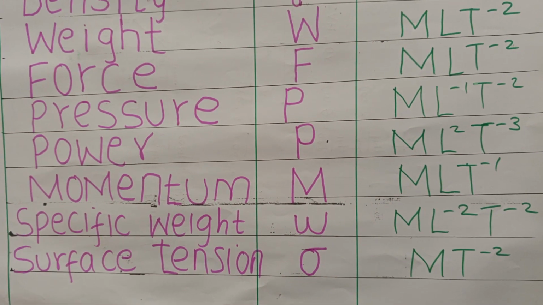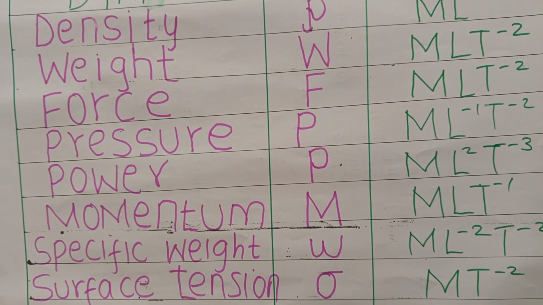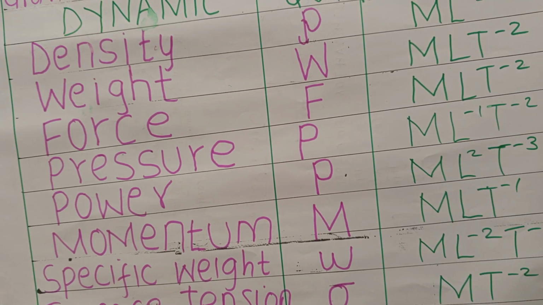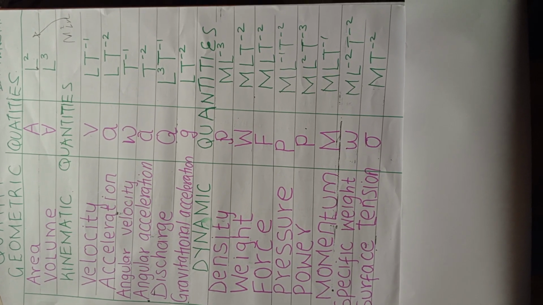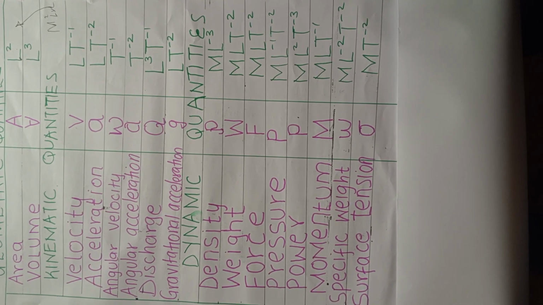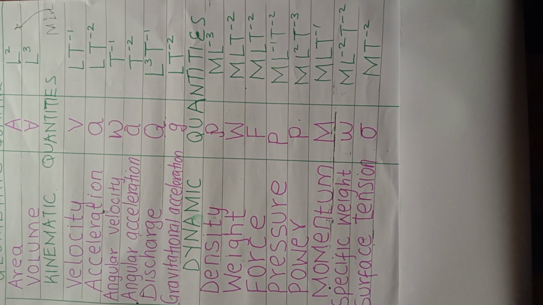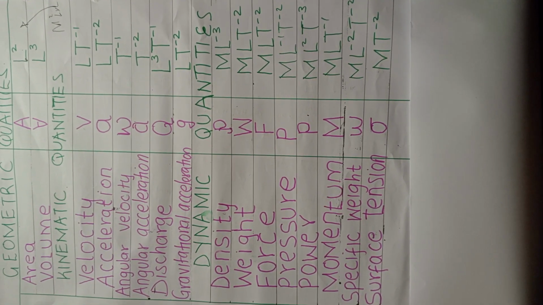So students, you can take your time to look at all the three quantities, because in our following classes in fluid mechanics, we will be using these dimensions in calculating, or rather doing what we call dimensional analysis. So get to know each and every one of them.